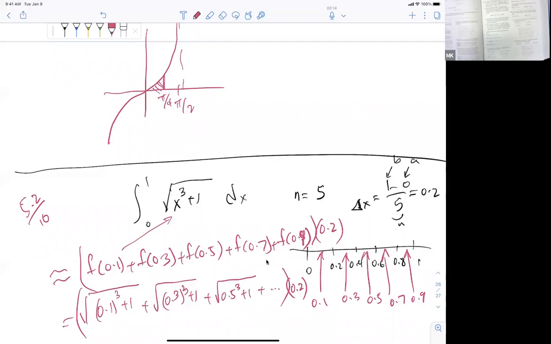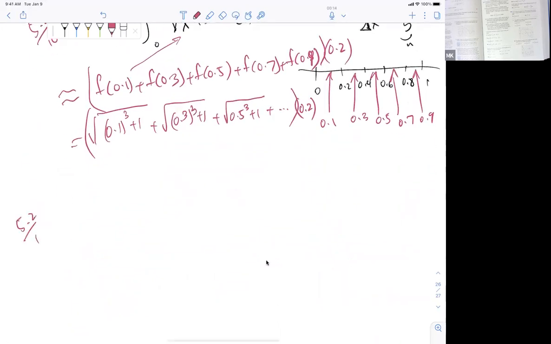Numbers 17 through 20 say express the limit as a definite integral on the given interval. So basically it gives you something that looks like a function with x sub i's in there, and then it tells you to find what it looks like. So if I do number 18, for example, I get the limit as n goes to infinity of the sum from i equals 1 to n of x sub i times the square root of 1 plus x sub i cubed, delta x.